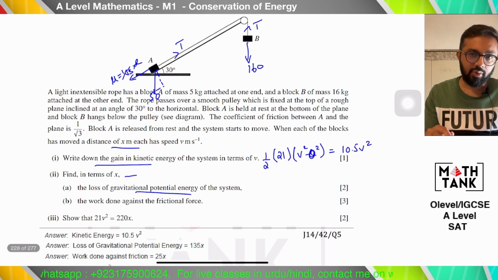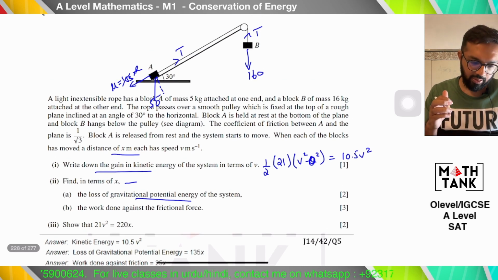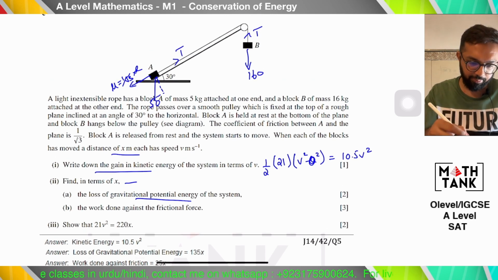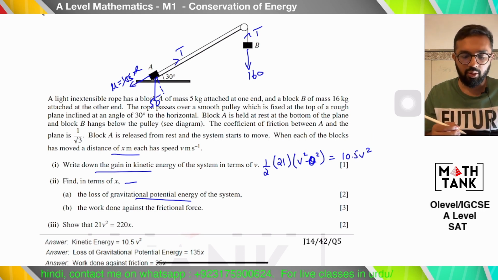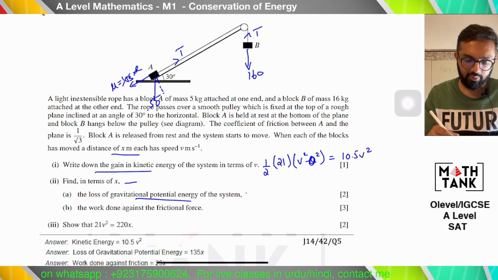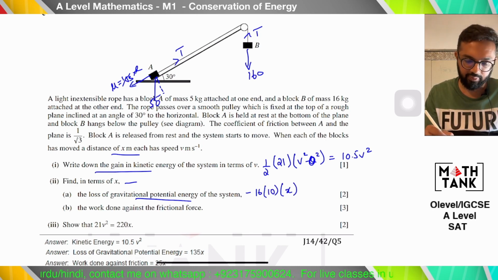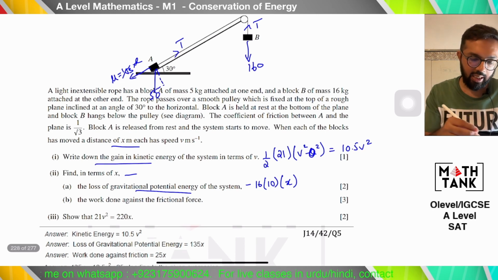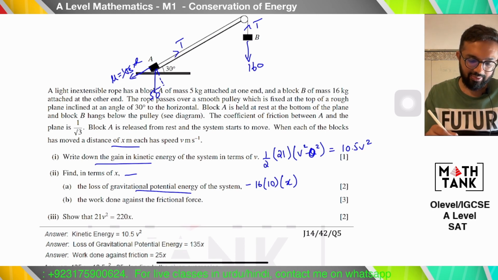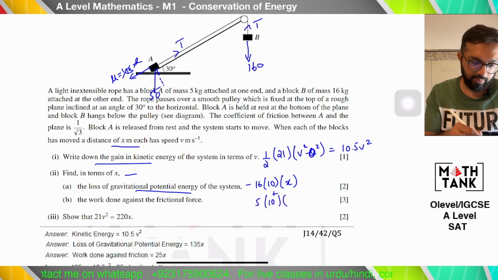Now, there are two things happening. One is that B is coming down, so it's losing potential energy, so minus 16 times 10, and h is going to be x because it has moved that distance. On the other hand, A is gaining, so plus 5 times 10, and what distance would that have moved?